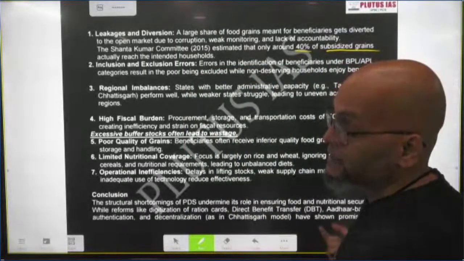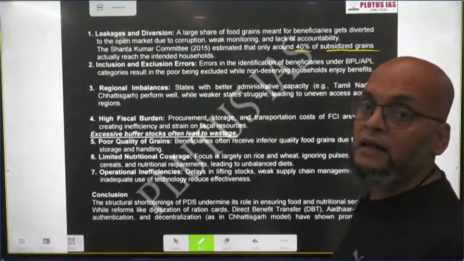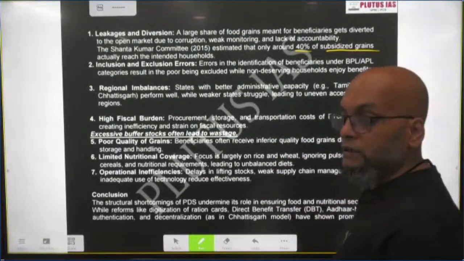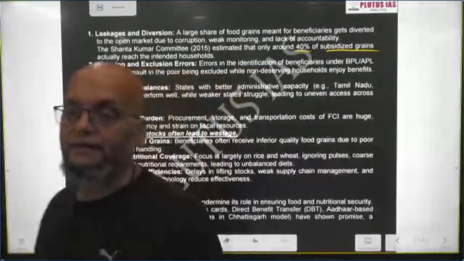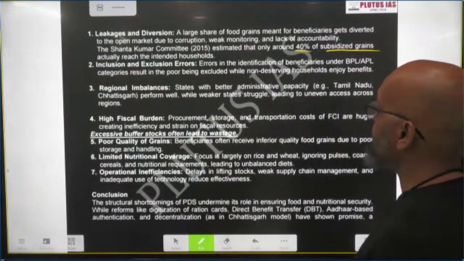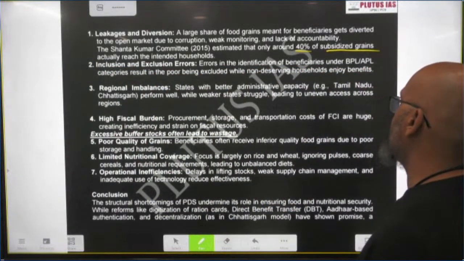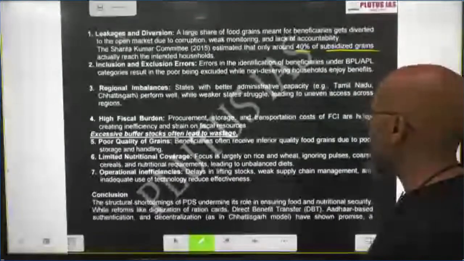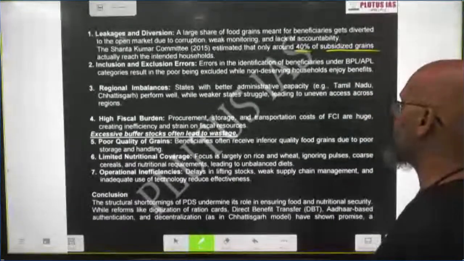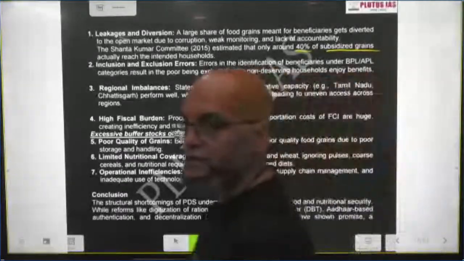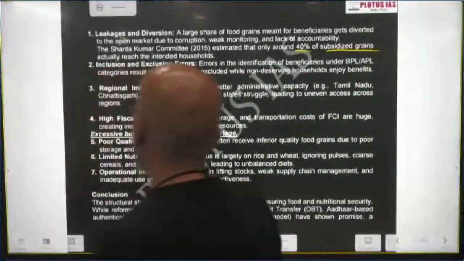That means errors in identifying the person and errors in removing the person. There are errors there, so the deserving will not get the benefit, the undeserving will. Regional imbalances: states with better administration capacity like Tamil Nadu, Chhattisgarh perform well, while weaker states struggle, leading to uneven access across regions.